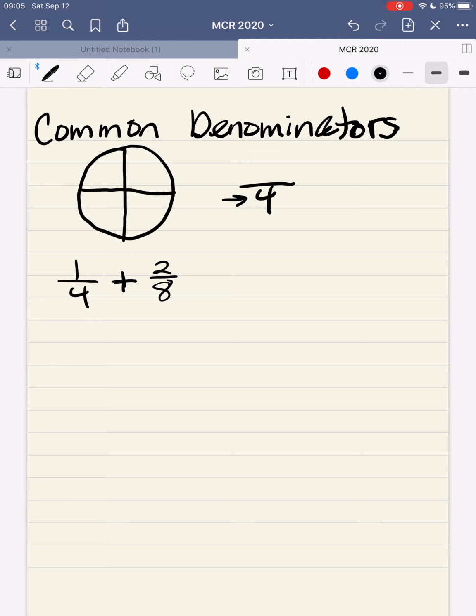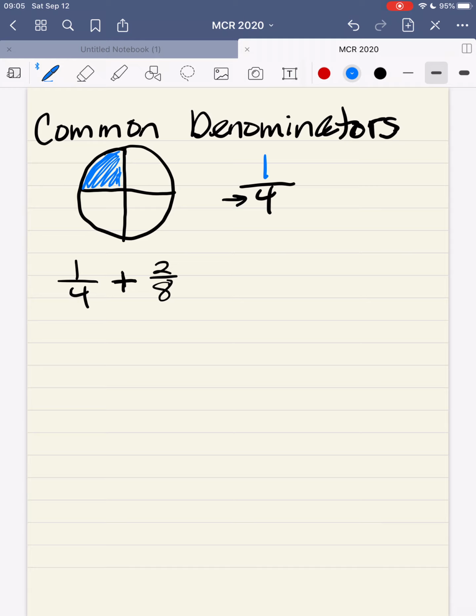So in this case, I cut my pizza into 4 pieces. And if I eat one of those pieces, that's a large piece of pizza, I have eaten 1 piece out of 4.